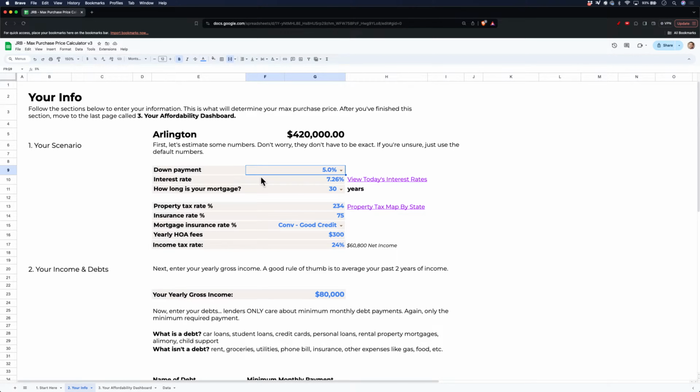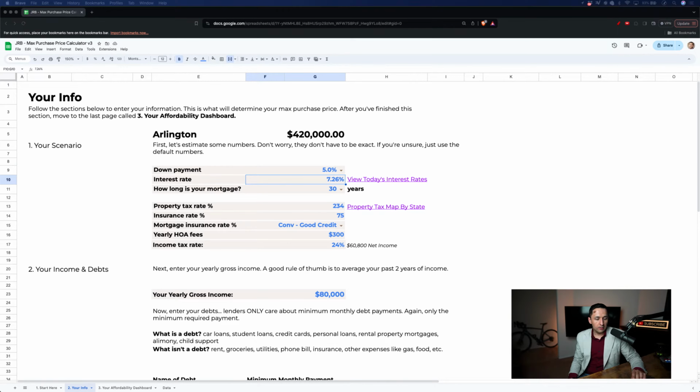I know we get this in the comments all the time: why don't you do 20% down and avoid mortgage insurance? We're going to take that as a teaching opportunity in the following tab. So we're not going to dig into the 5% down until we get to the breakdown of the numbers.